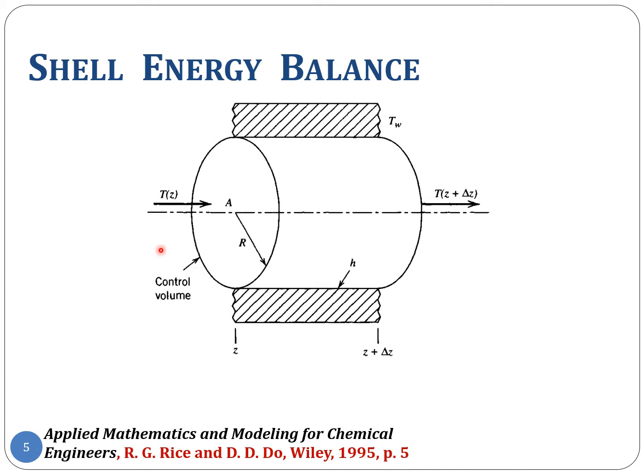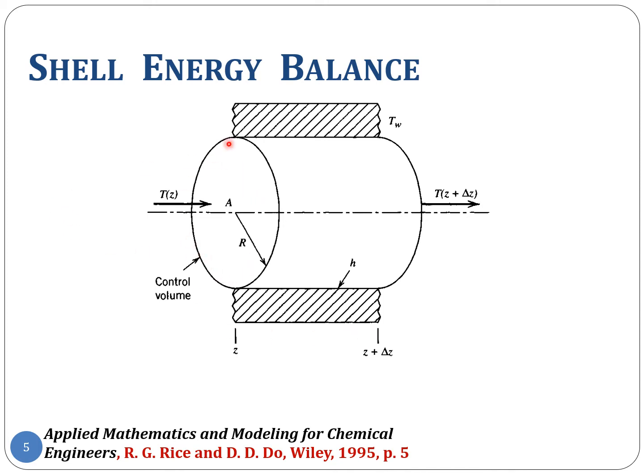So here is a picture taken from Rice and Do. This is a small, thin shell with very small thickness. The shell is between z and z plus delta z, with a thickness delta z, and this is an arbitrary infinitesimal thickness.